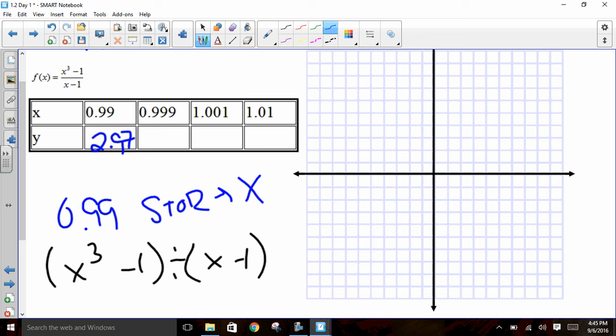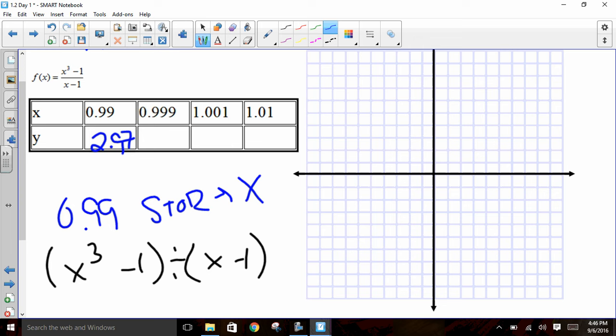Okay, let's try that again for 0.999. So 3 nines this time. Same idea. We're going to hit 0.999, store x. Three nines, I apologize. Now, since we had already typed in there my x cubed minus 1 divided by x minus 1, and since I've restored my x, I can hit second enter to bring up my store, and then second enter again to bring up my equation, and hit enter.